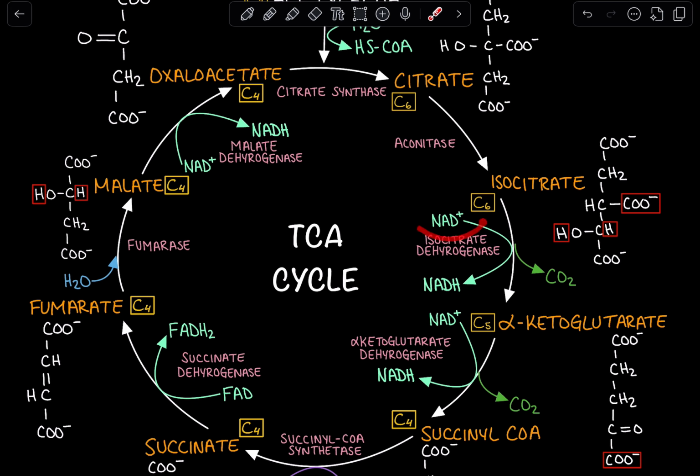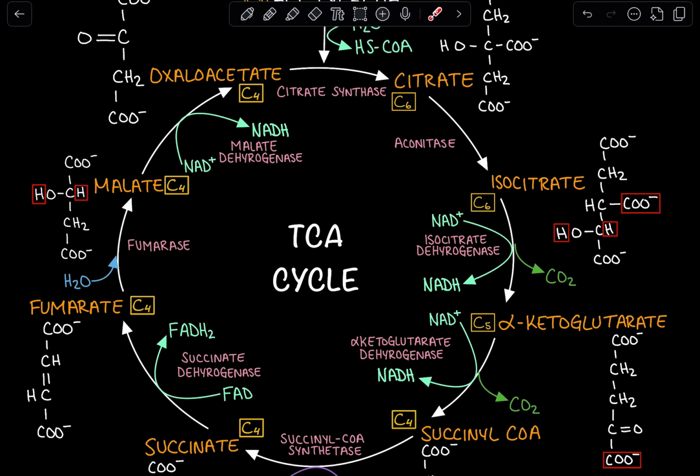Now, we have NAD+, and it's going to be reduced to NADH, so NAD+ essentially is picking up those electrons, and as a result, isocitrate is being oxidized. Whenever we think of oxidation reduction reactions, I want you to think of the enzyme dehydrogenase. And whenever you think of a dehydrogenase, think of NAD+, think of electron carrier molecules.